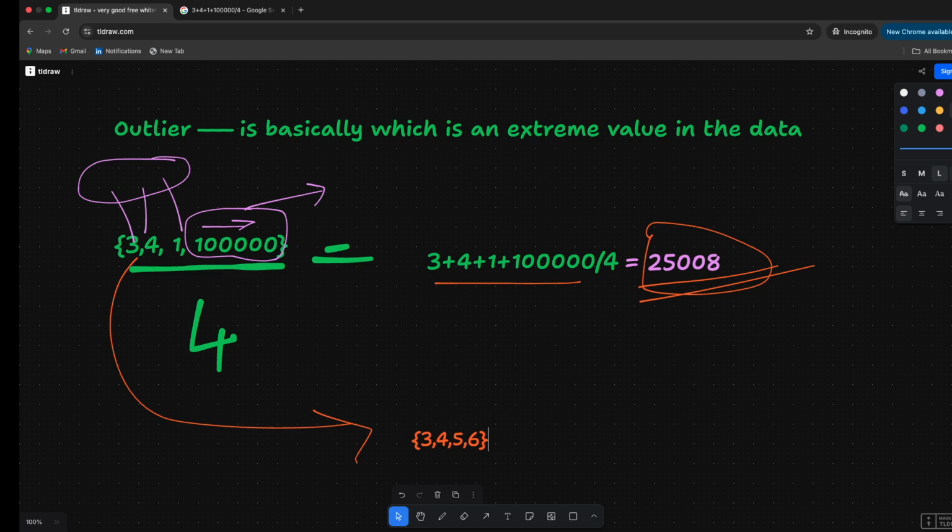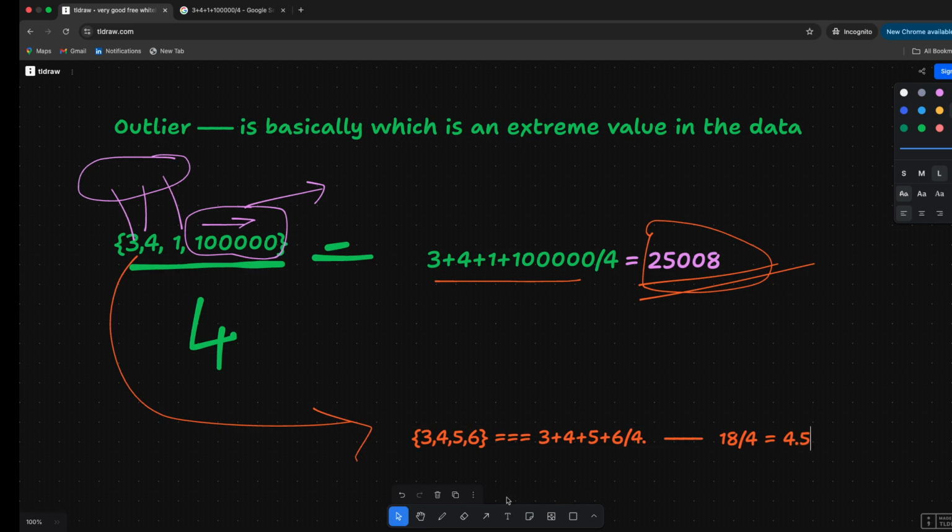Now we are getting 7 and this is 11, so this is 18 by 4, which is 9 by 2, which is 4.5, right?